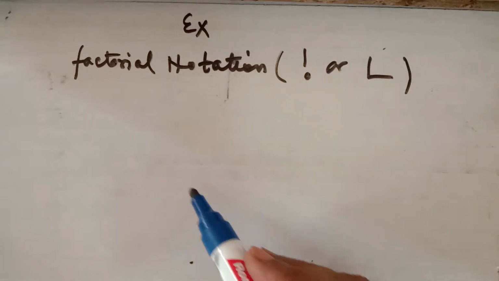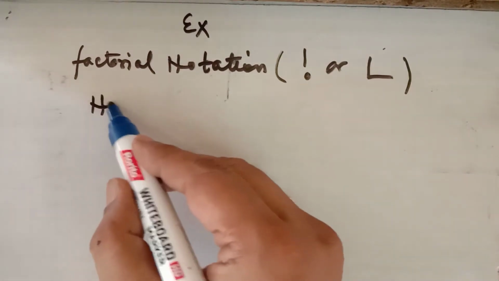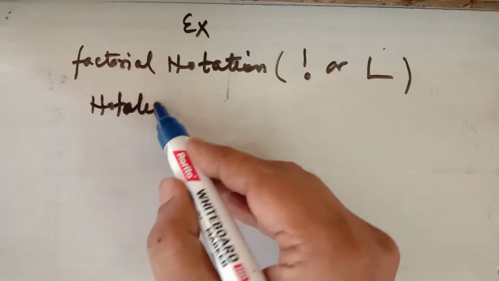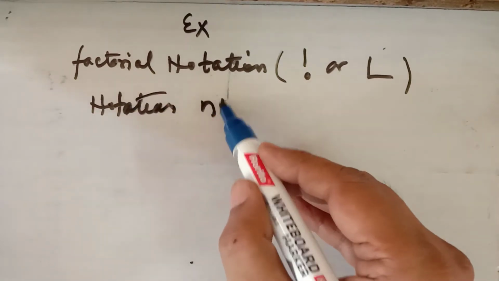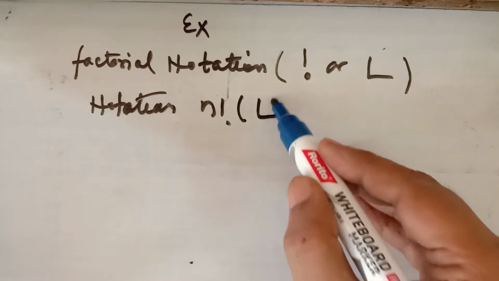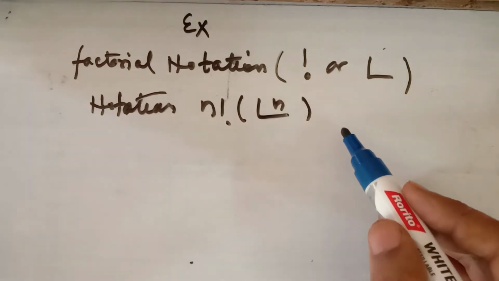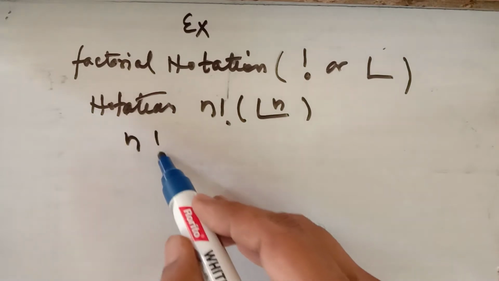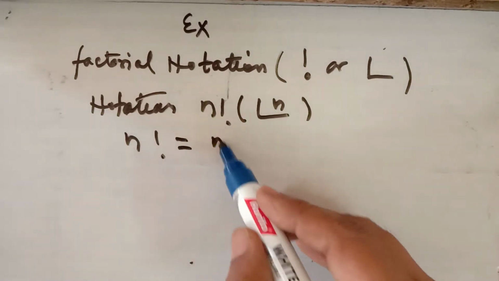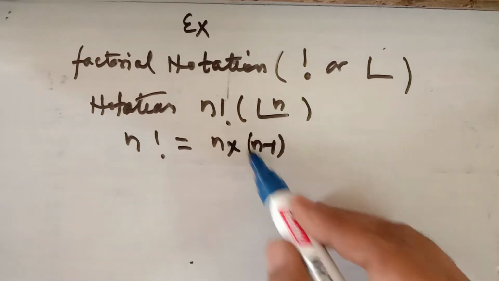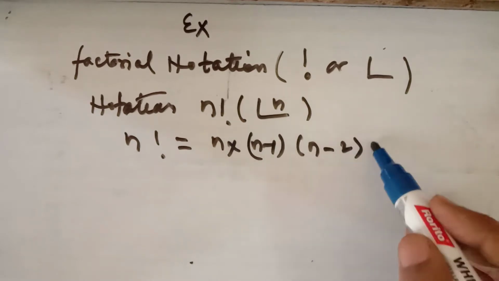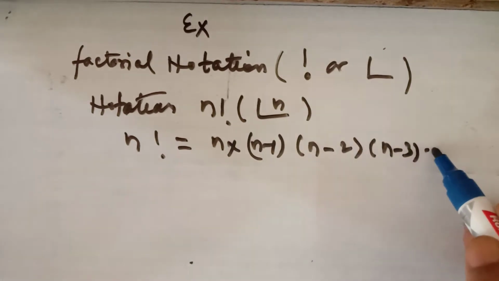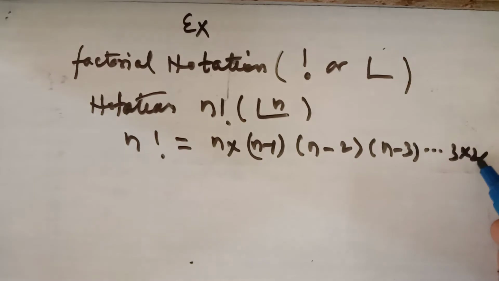Now, what this means: the notation n factorial represents the product of the first n natural numbers, that is, n into ... up to 3 into 2 into 1.